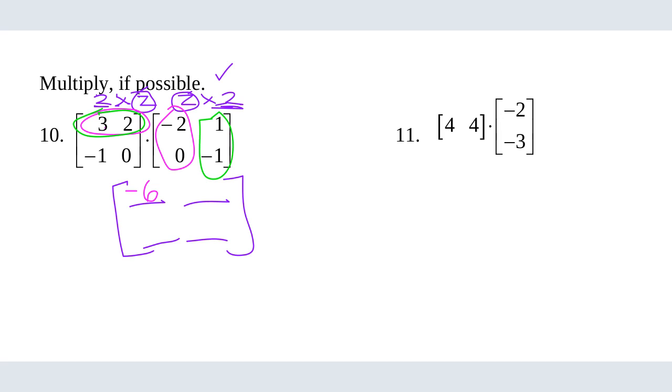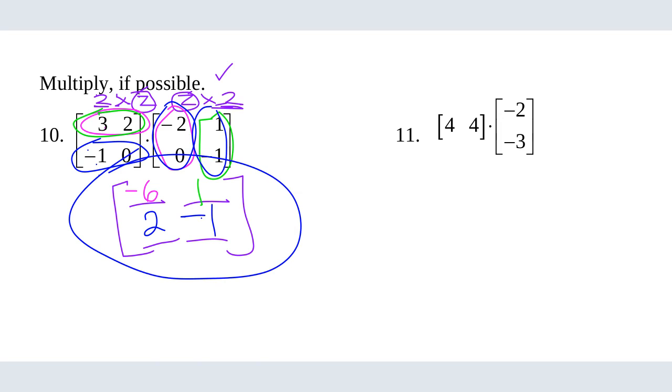Row 1, column 2 is 3 minus 2, that's 1. Row 2, column 1 is 2 plus 0, that's 2. Row 2, column 2 is negative 1 plus 0 is negative 1.